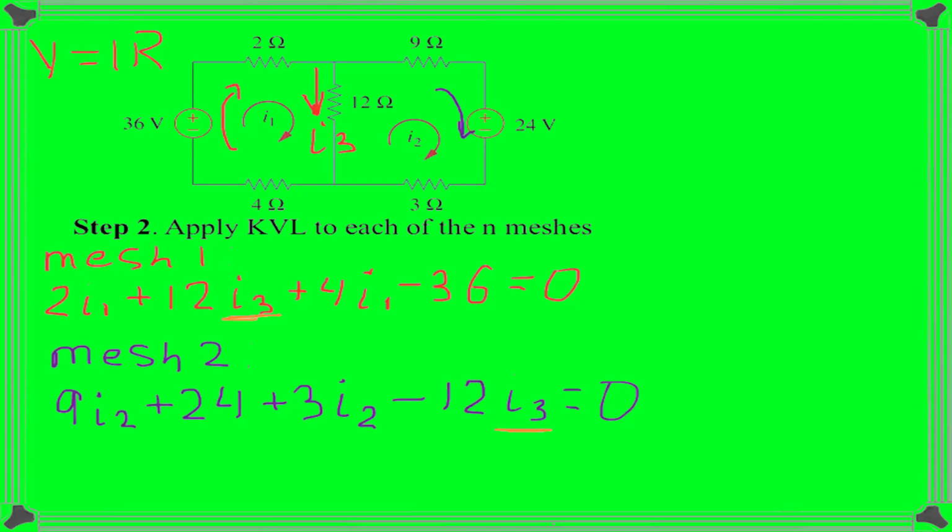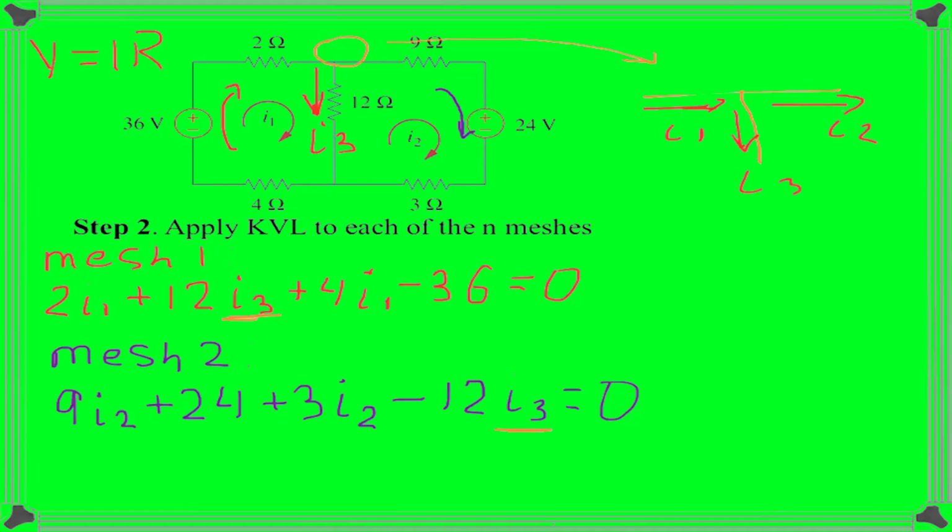How to do this? If you look into the upper node, and I just write it closer, so this is the node, and we have the mesh current I1 coming into the node, the mesh current I2 going out from the node, and I3 again going out.